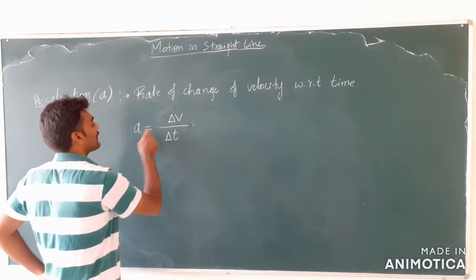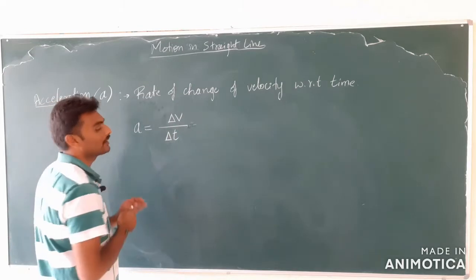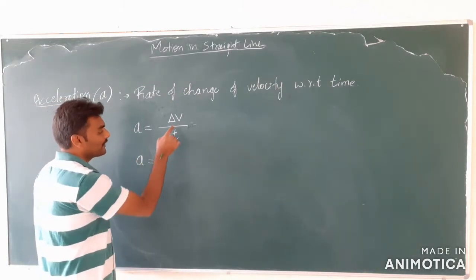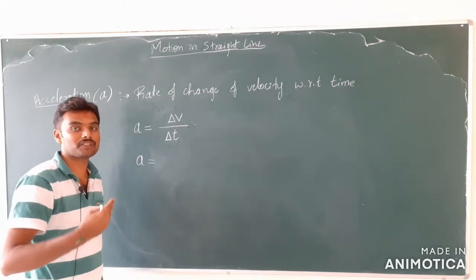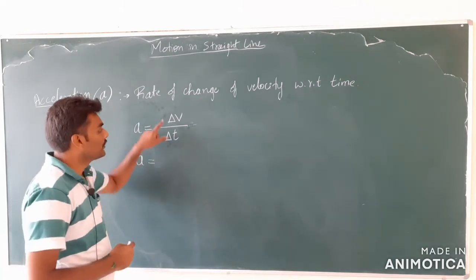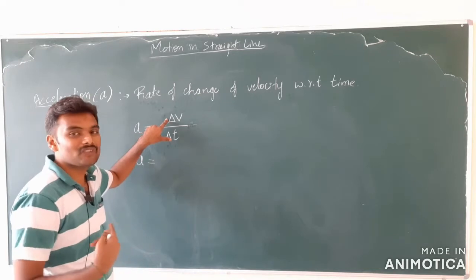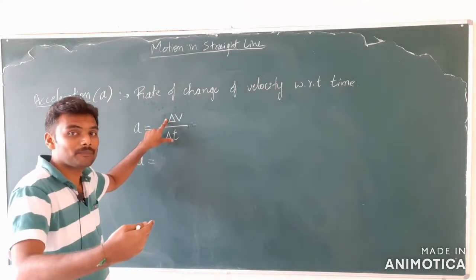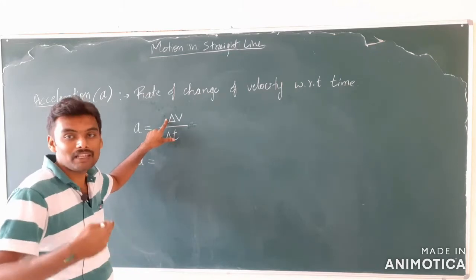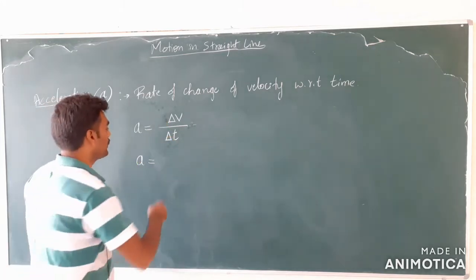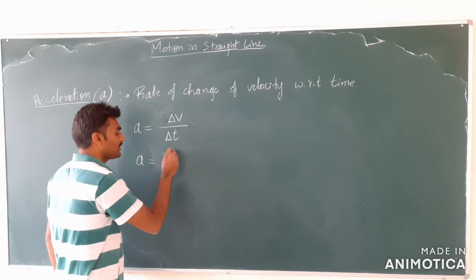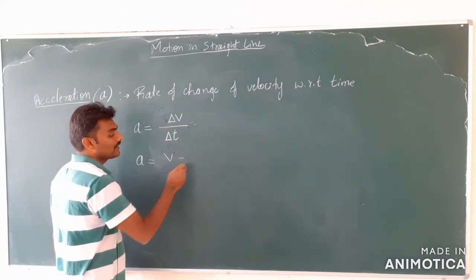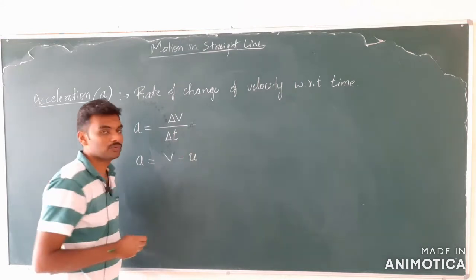So acceleration is delta v by delta t. What is delta v? Delta v is change in velocity, right? Change in velocity means some final velocity minus some initial velocity. Let me take the final velocity as v, small v itself, minus initial velocity as u.